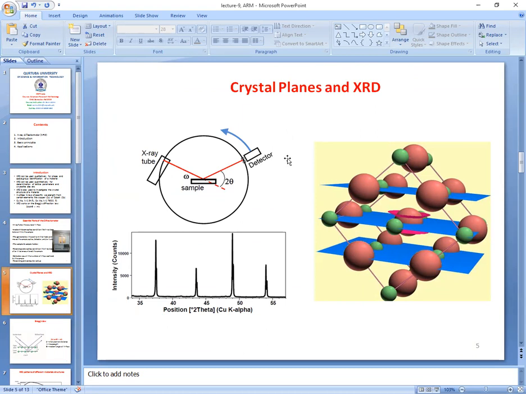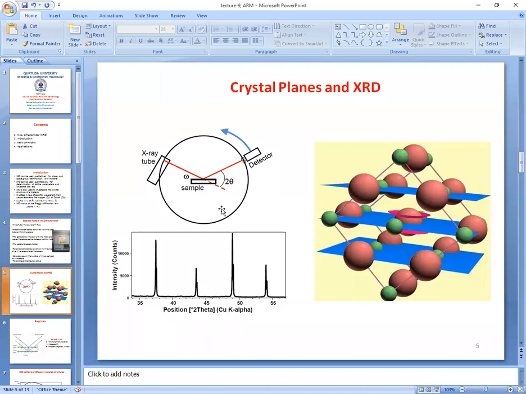So basically, crystalline material consists of crystal planes. This is just a schematic diagram of the unit cell. It has different crystal planes in different orientations.